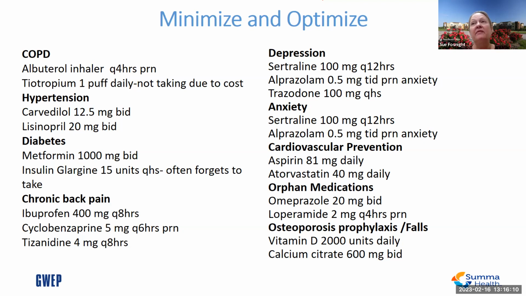I am aware of a couple out there that will cover more for the medications. And a lot of older patients will qualify for extra help, where they pay less for their medications, but they might not have ever applied for that.